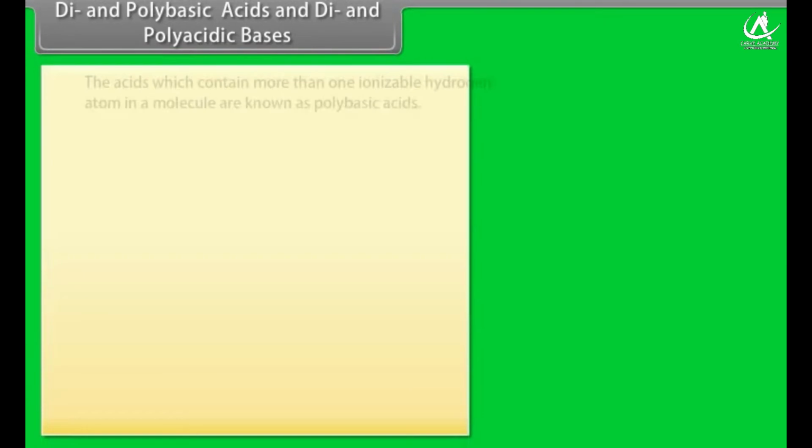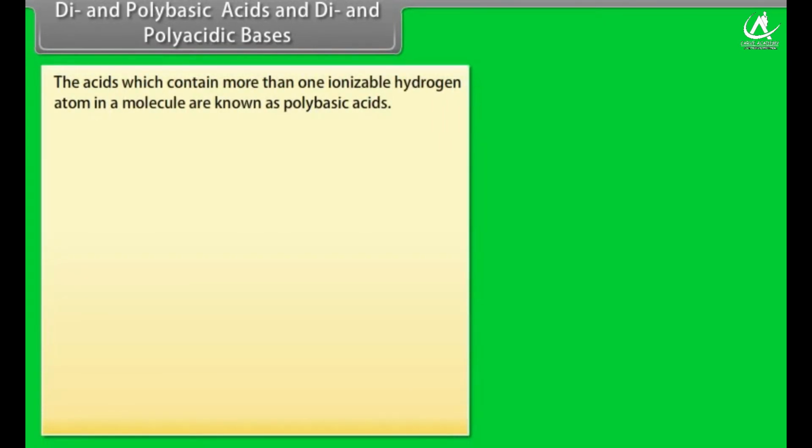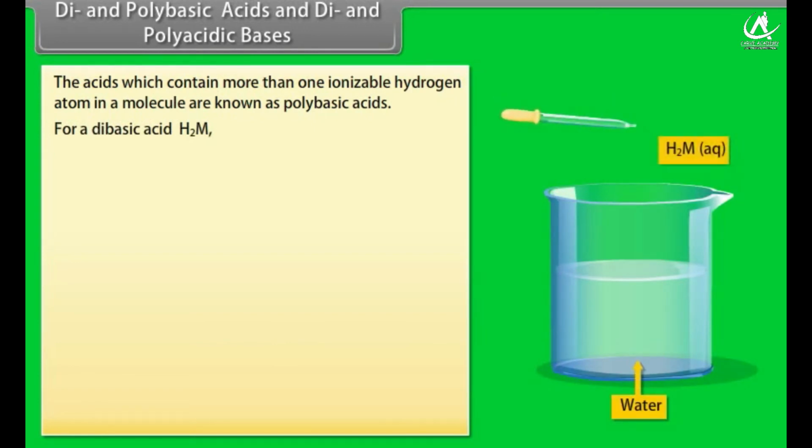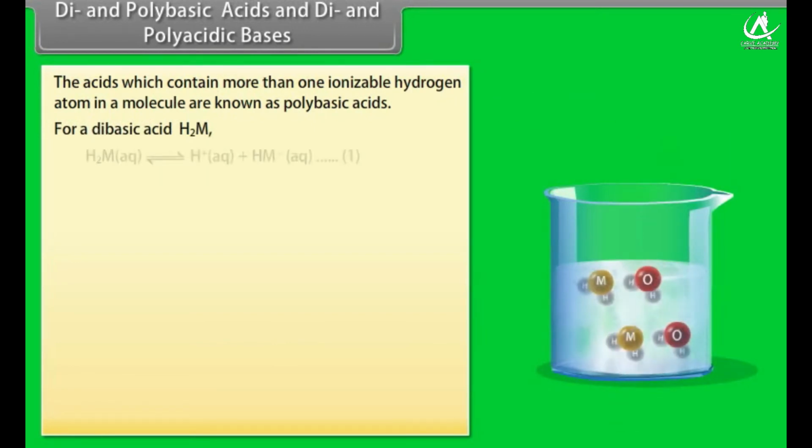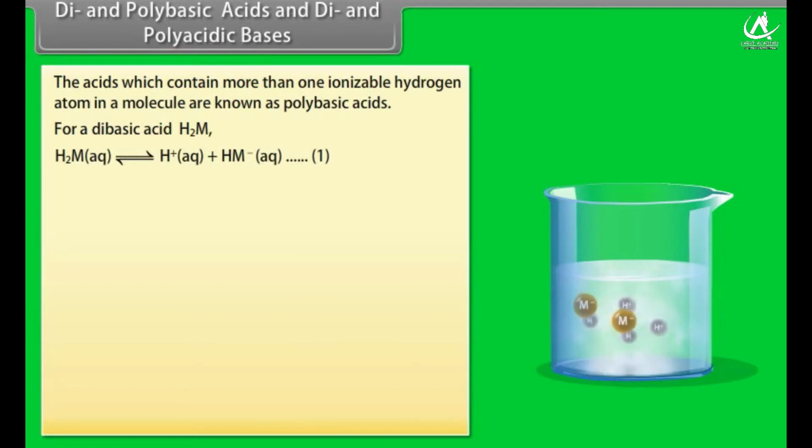Di- and polybasic acids and di- and polyacidic bases. The acids which contain more than one ionizable hydrogen atom in a molecule are known as polybasic acids. For a dibasic acid, H2M, name it as reaction 1.